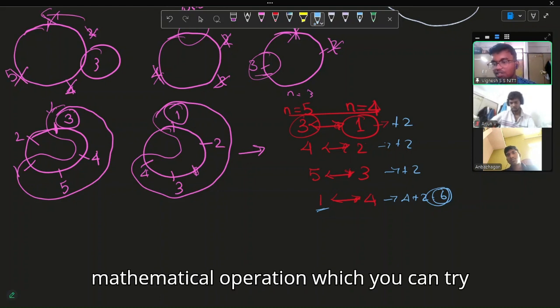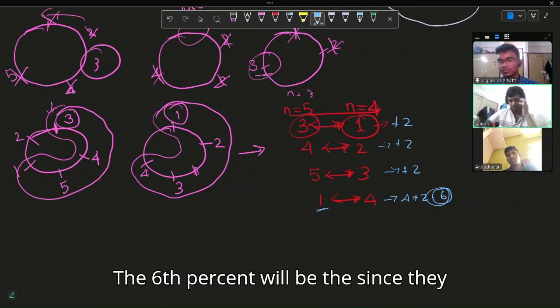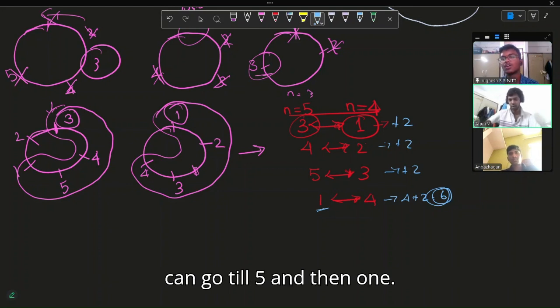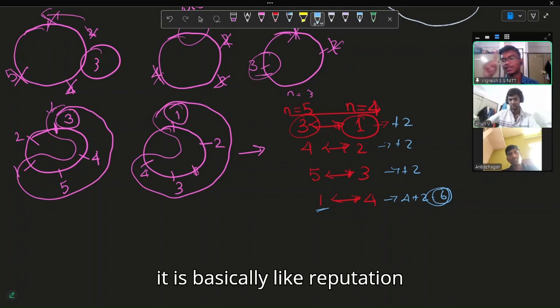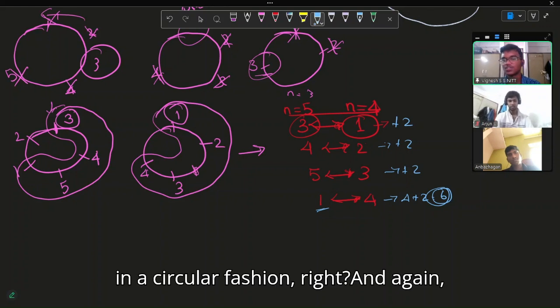What is the mathematical operation you can try to use? Since there are not six people, the sixth person can go maximum till five and then one. Yeah, it is basically a repetition in a circular fashion, right?